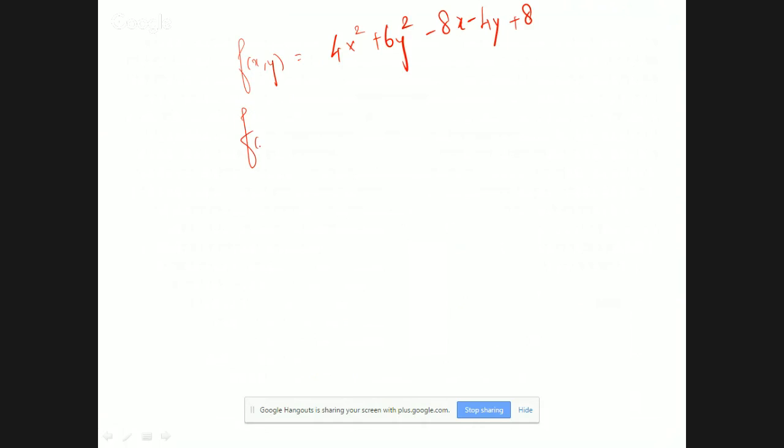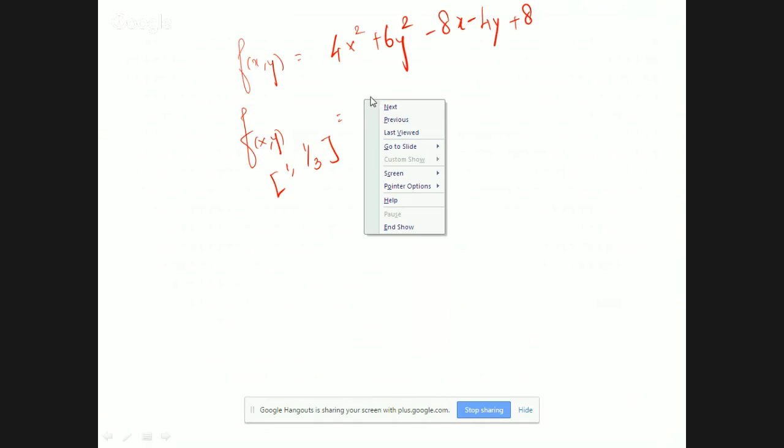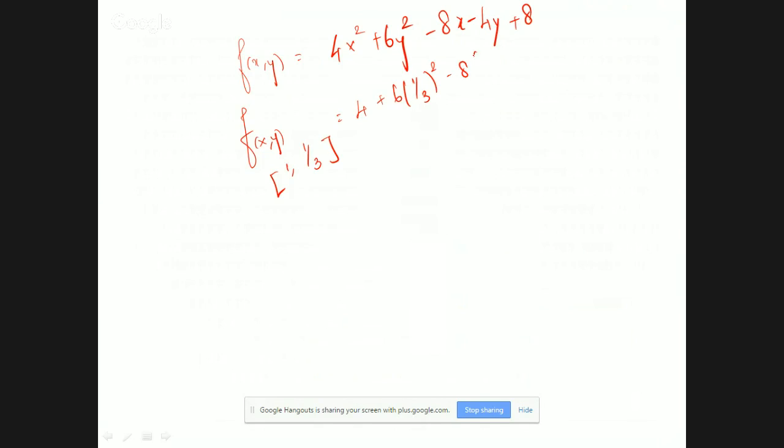Now in this function, we have found the minima point is (1, 1/3). Substitute it. What you will get? 4 + 6 into (1/3) the whole square − 8 − 4 into 1/3 + 8, which will be around 10/3. Okay.